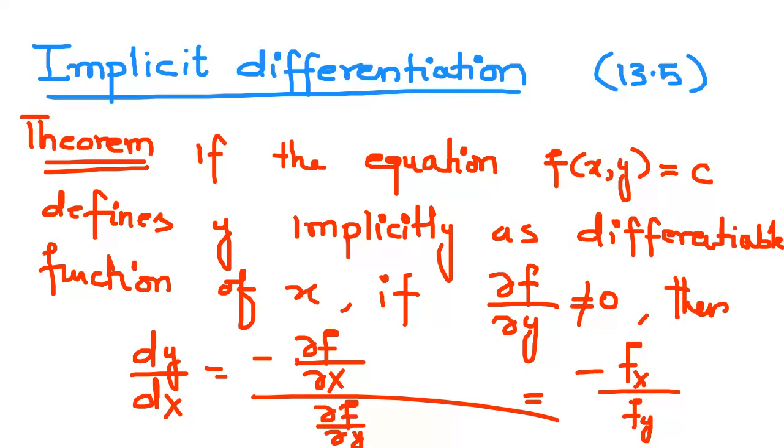The condition is that the partial derivative with respect to y should not equal 0, and there is a negative sign. So this is the implicit differentiation. If an equation is given to you and you can write it implicitly as y a function of x, you can apply this formula for finding the differentiation.